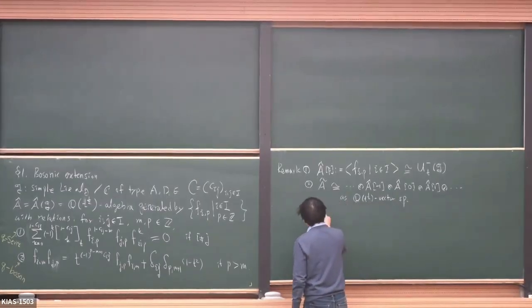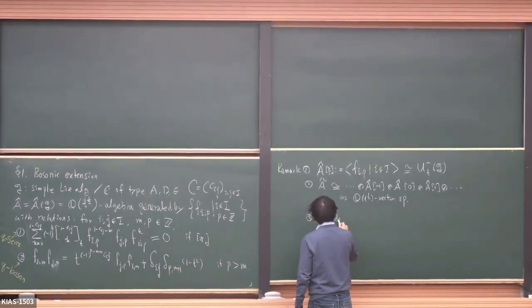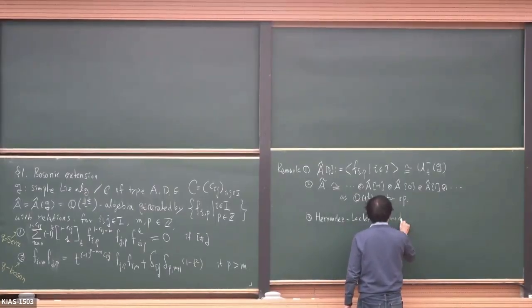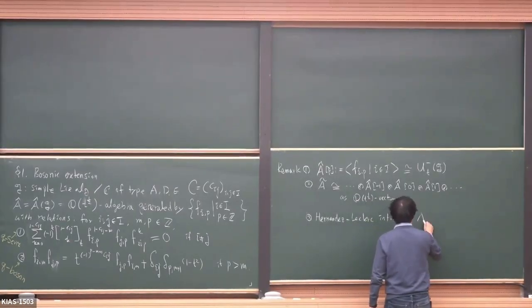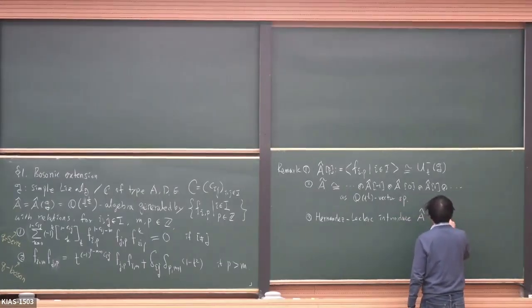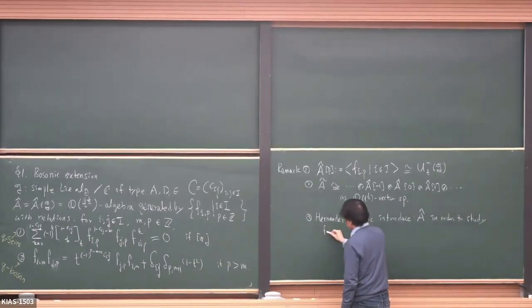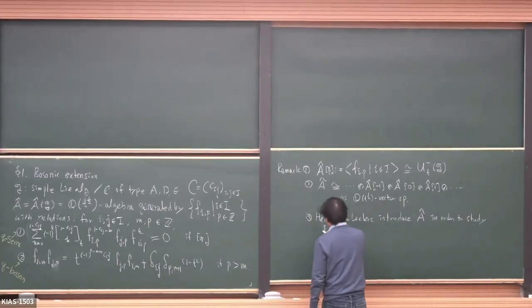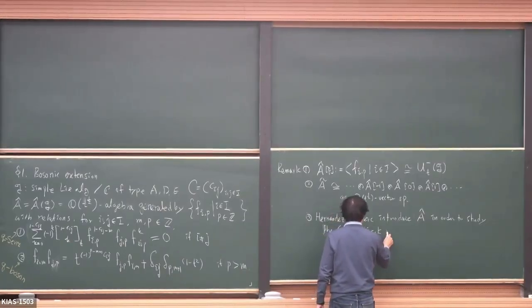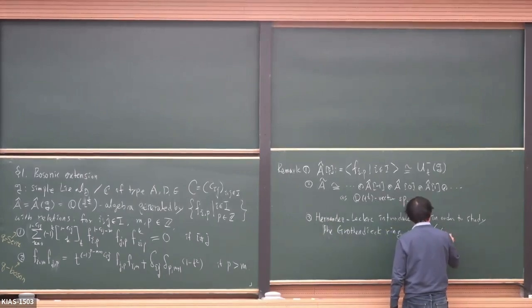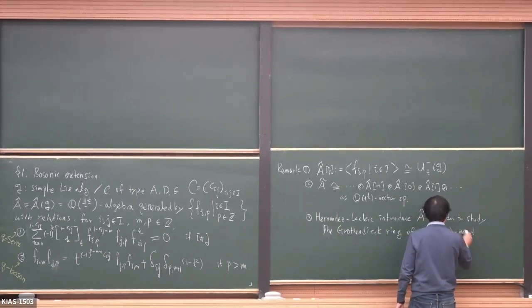And number 3 is that Hernandez and Leclerc introduced this one in order to study the finite dimensional representations, the Grothendieck ring of some subcategory. Let me just consider it this way.